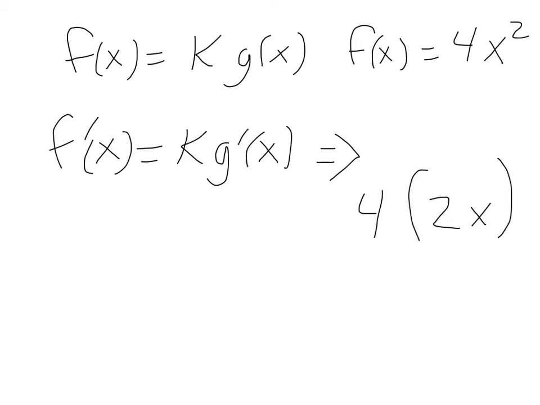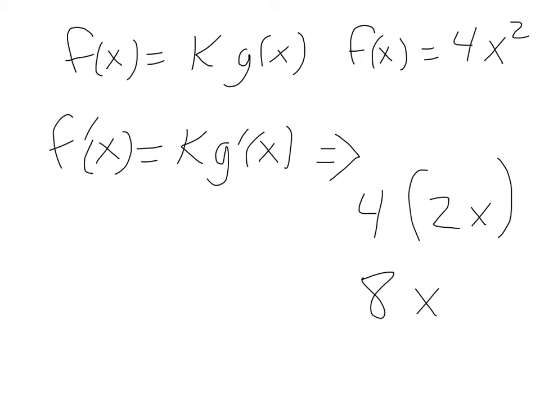Notice that all I've done is take the derivative of the function; the k is in the same place, out in front, it just stays there, and whatever my function is, I just take the derivative of that. And then if I want to, I can write that 4 times 2 is 8x.